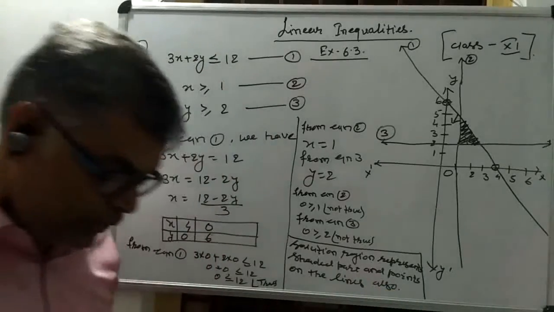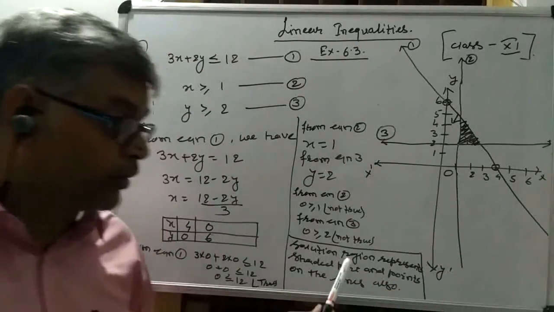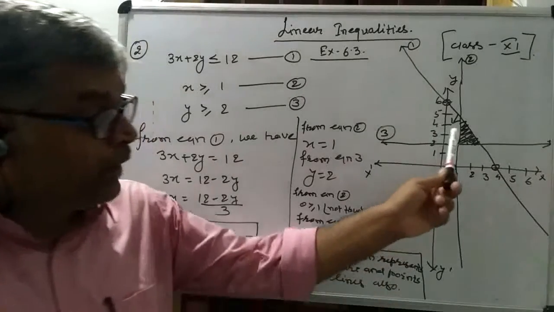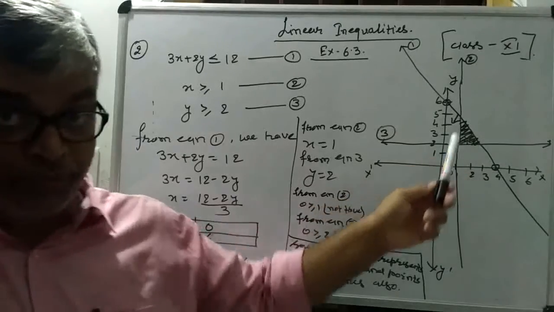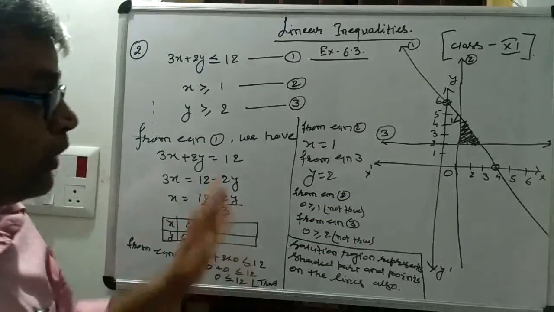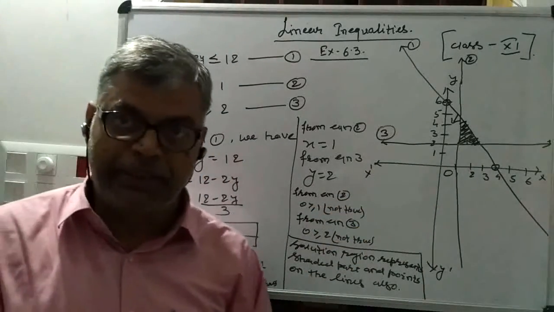In every question, students, you must mention the solution region and you have to show the solution part in shaded form. So in this way, this question has been completed.